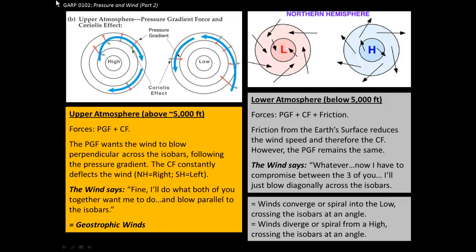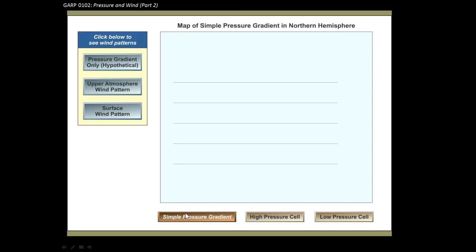That's the lower atmosphere. In the upper atmosphere, once you're high up, friction doesn't matter, and the winds blow parallel to the isobars around the high pressure area, and parallel to the isobars around the low pressure area. That's the whole story.